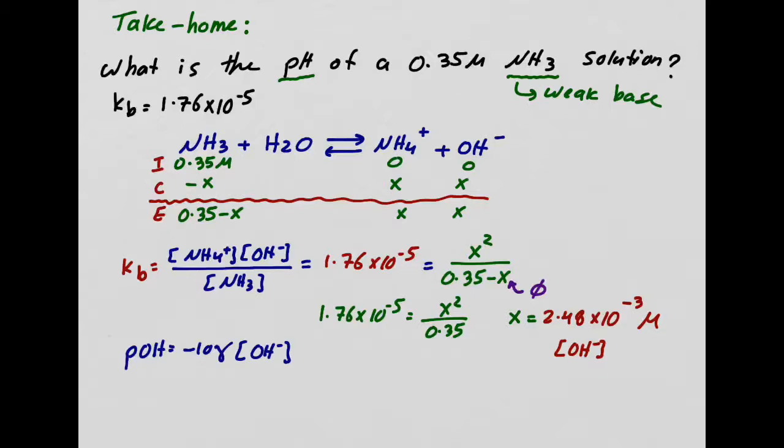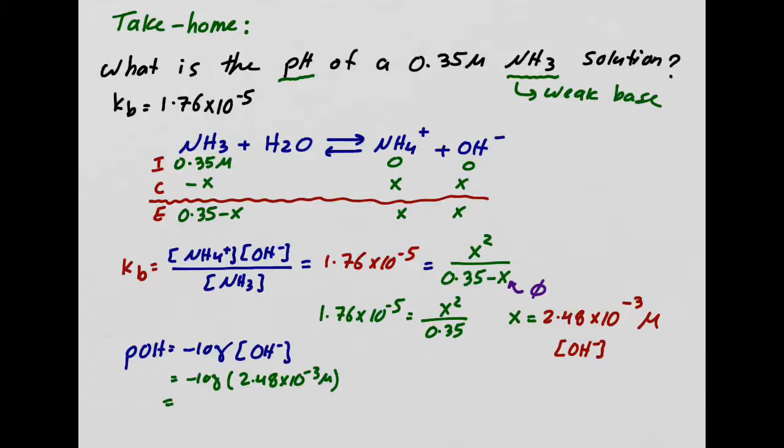So it would be minus log of 2.48 times 10 to the minus 3 molar. You follow me? My x was my hydroxide concentration, so I can easily figure out pOH. I'm just going to do that right now.